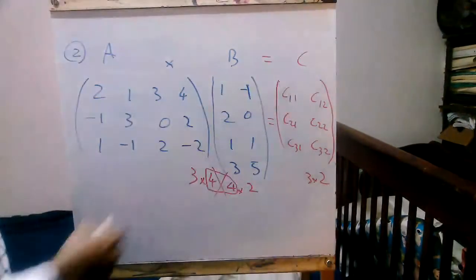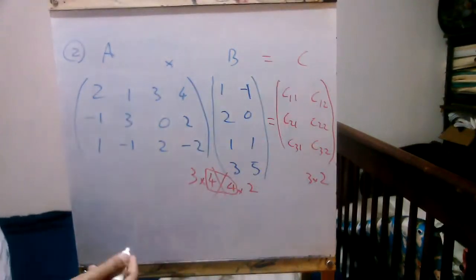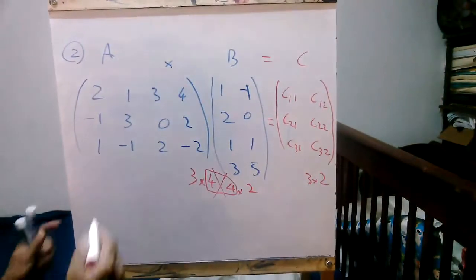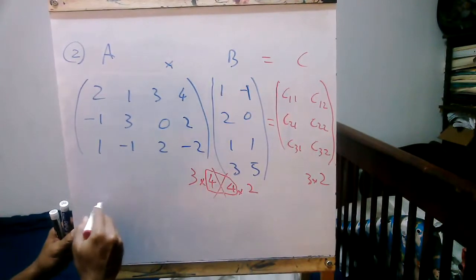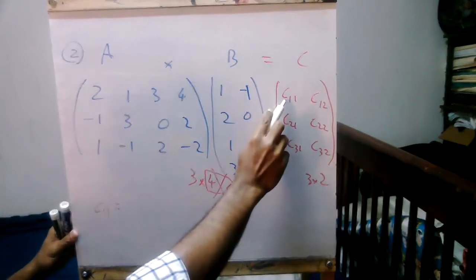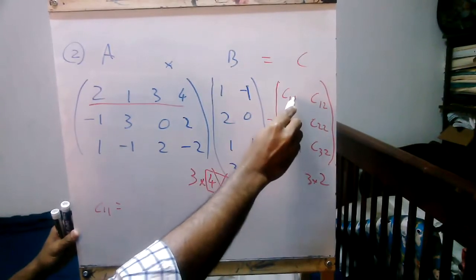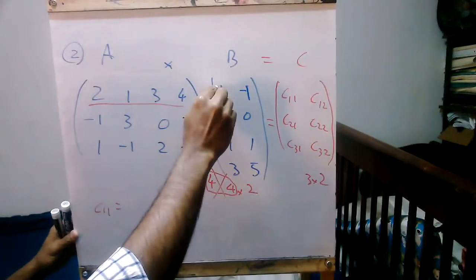Now once you get this, you know what to multiply. Let me help you to get one or two of these. How do we get C11? First row of the first matrix multiplied by the first column of the second matrix.